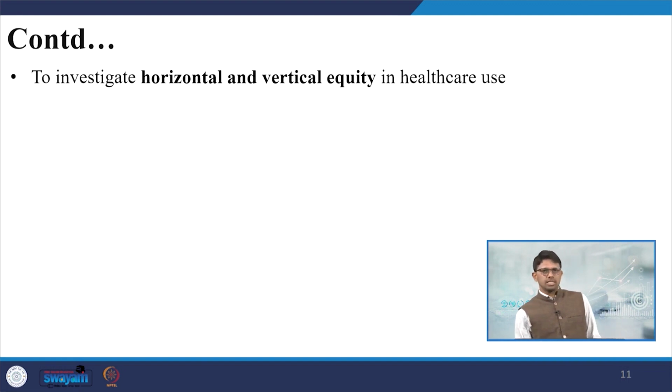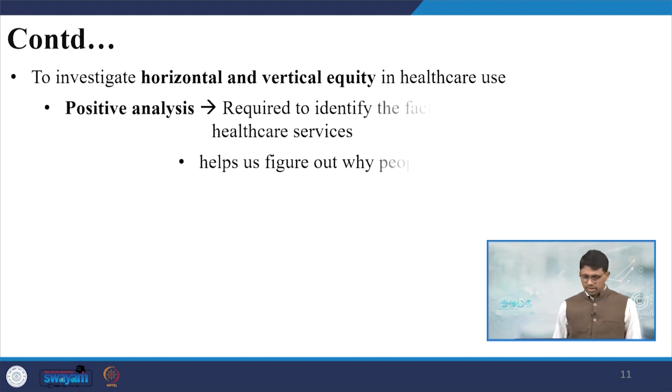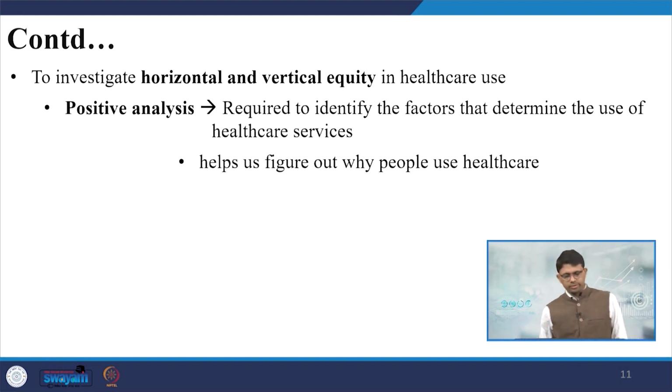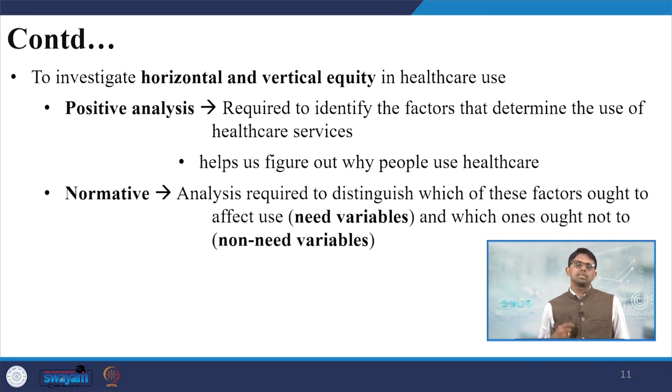To investigate horizontal and vertical equity in health, we refer to positive analysis and sometimes normative analysis. Positive is where we try to find the cofactors or factors determining healthcare services. This helps us track the status of people for their healthcare at the given time of their response.